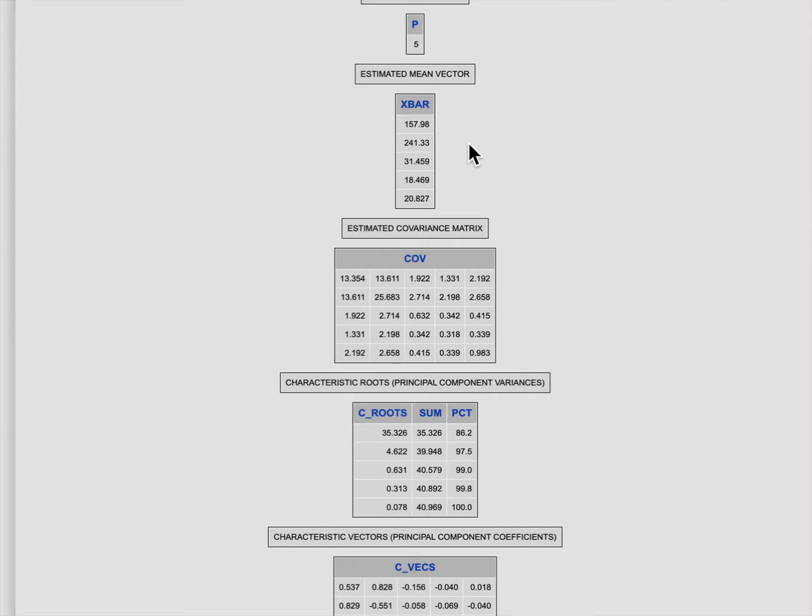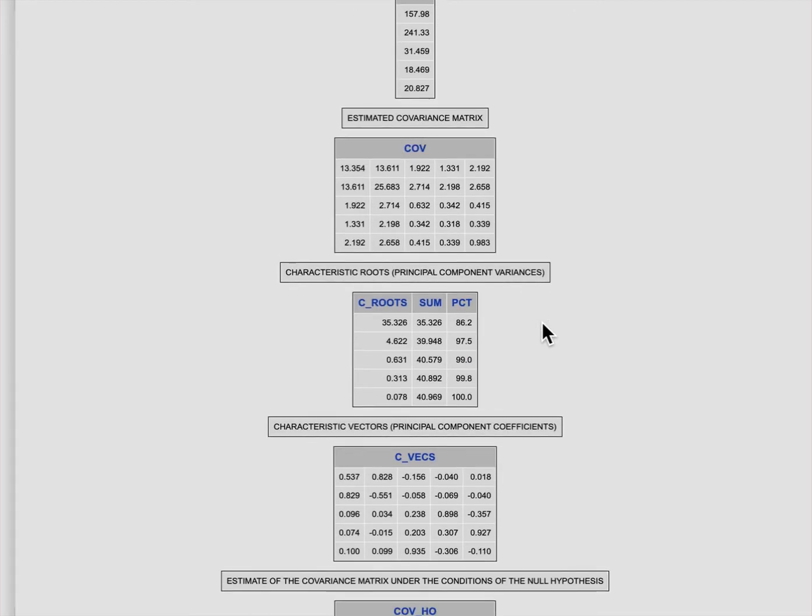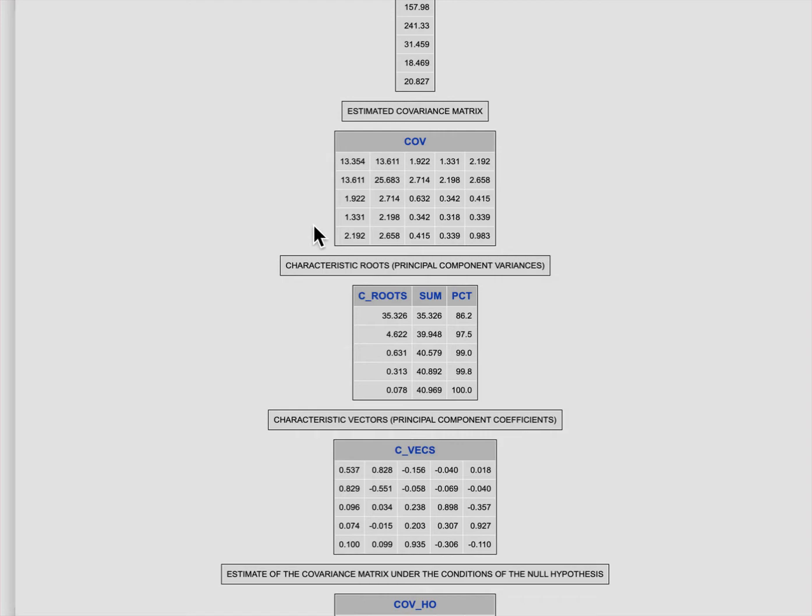If you go back to the output from PROC PRINCOMP, you'll see that these are the sample means. And these values, rounded to 3 decimal places, are the same as the values in the estimated covariance matrix given by PROC PRINCOMP. The characteristic roots of this estimated covariance matrix are given here: 35.326, 4.622.